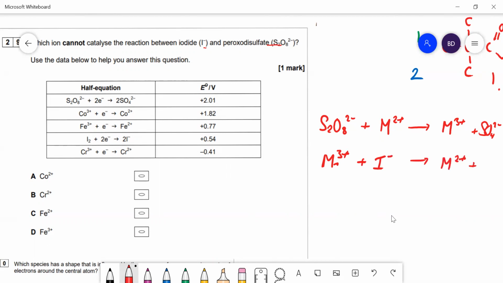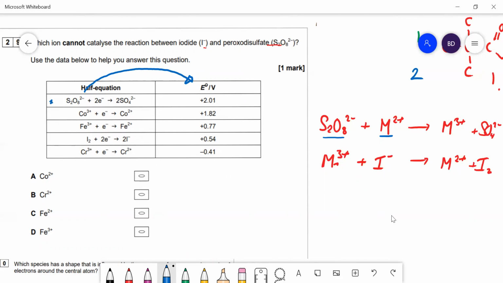So we've got to check that the M2+ ion can react with the peroxodisulfate. Remember, the most positive ones are always going to go forwards because they are best at taking in electrons. So S2O8 2- is the strongest oxidizing agent there, in that chart.